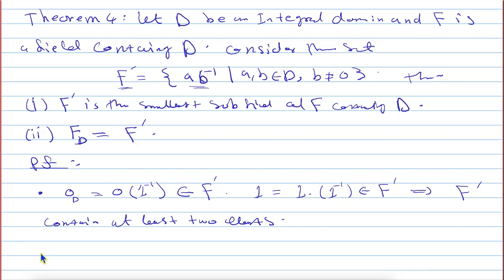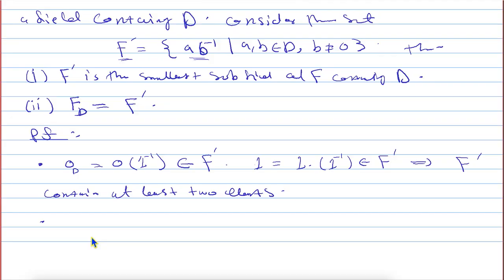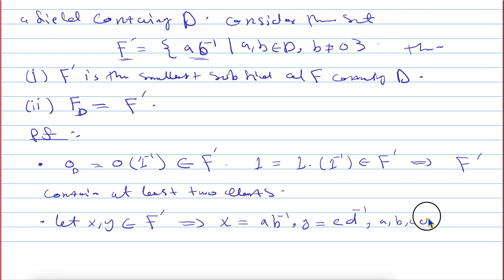Second, we want to show closure under subtraction. So we let x and y be in F prime. This implies that x equals AB inverse and y equals CD inverse, where A, B, C, D are all in D, with B non-zero and D non-zero.